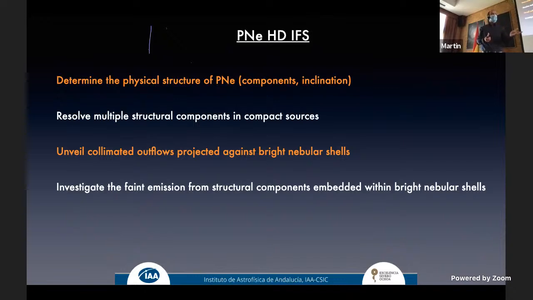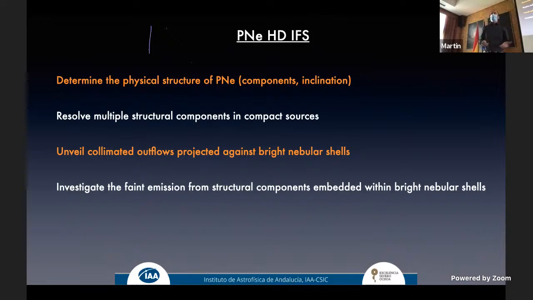And as in the case of HuBi 1, if you really want to determine the physical conditions, excitation, extinction, and chemical abundances of faint clumps of material embedded within the shell, you really need this kind of observation to separate spatiokinematically this weak component from the bright nebular shell.